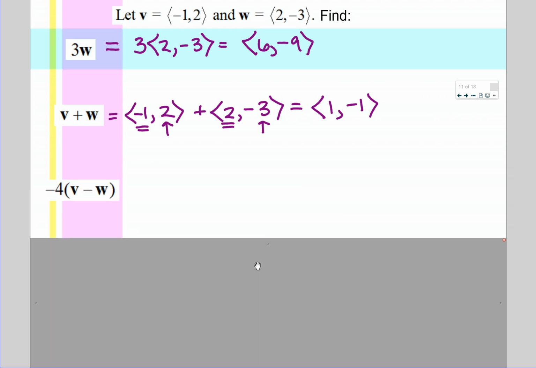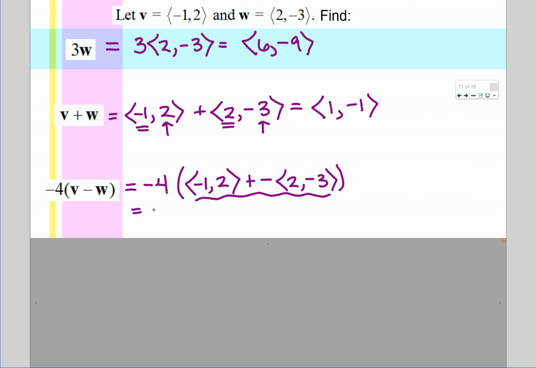Let's say I have this, -4 times v minus w. So we're going to do order of operations with these. I'm going to do v minus w first. Vector v is -1, 2. Remember, minus is the same as plus a negative. I'm going to think of that the same way when we do it algebraically. Okay, so I'm going to simplify inside that parentheses first.